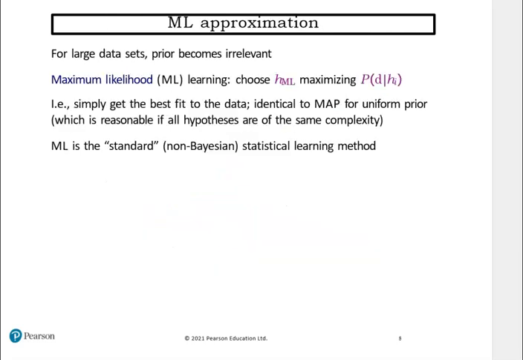In maximum likelihood, we choose the hypothesis that maximizes the likelihood function, which is the probability that we observe the data given a specific hypothesis. And this is the standard non-Bayesian statistical learning method. When you're using a linear regression or anything like that, what you're doing is maximum likelihood learning.